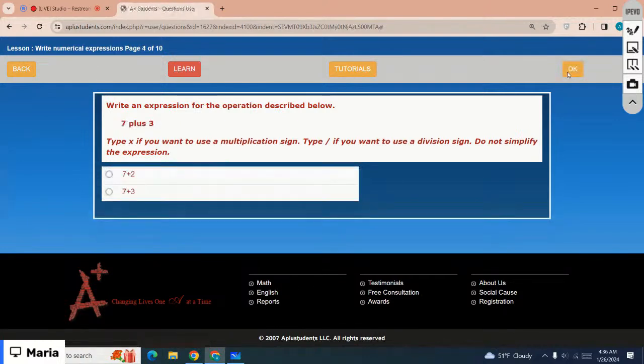The next one is write an expression for the operation described below, 7 plus 3. So, which is the correct option?